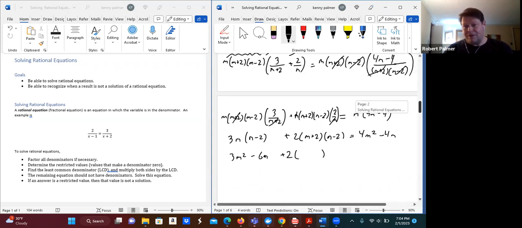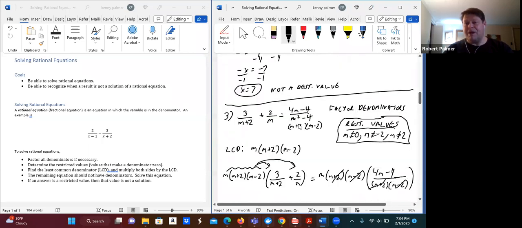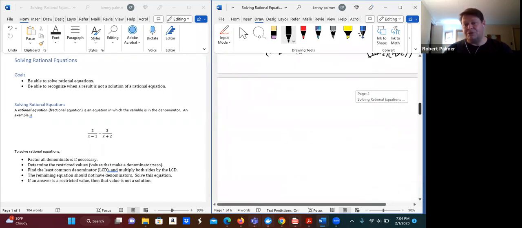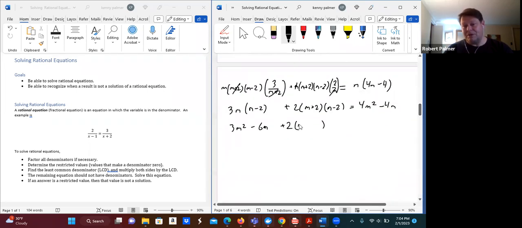We just said if we factor m squared minus 4, you get m plus 2 times m minus 2. So essentially, if you FOIL this out or distribute, you will get that. So I'm just going to write this as m squared minus 4. And this side's still the same for now: 4 times m squared minus 4m.